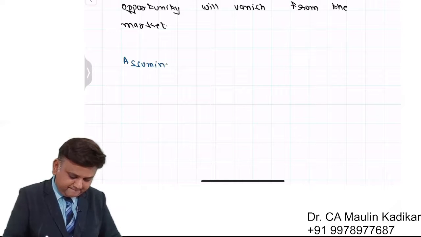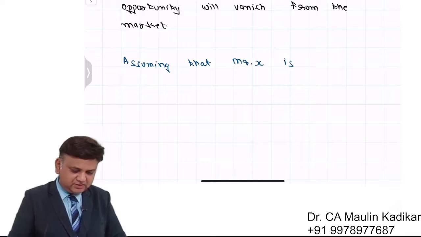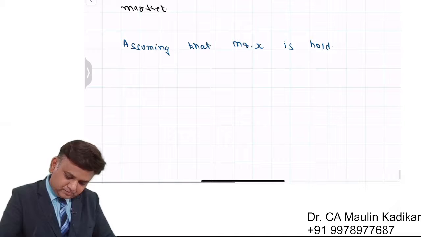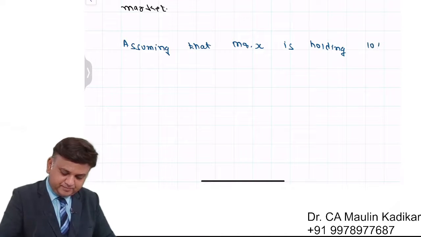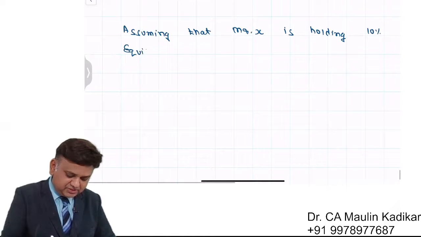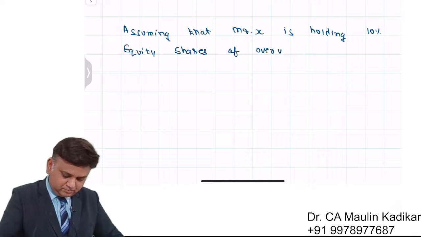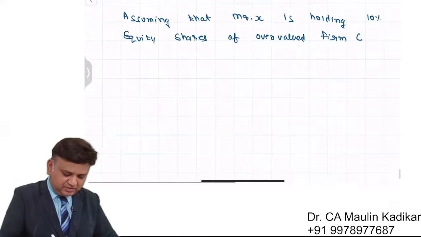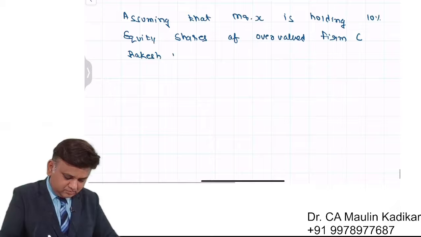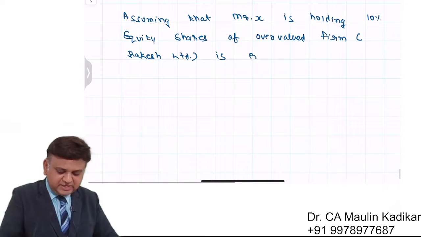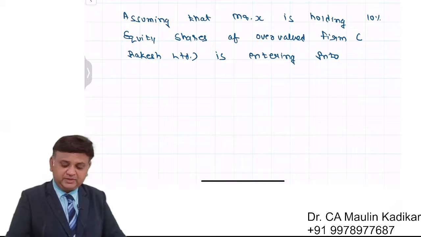Assuming that Mr. X is holding 10% equity shares of overvalued firm. In bracket I am writing Rakesh Ltd is entering into arbitrage.